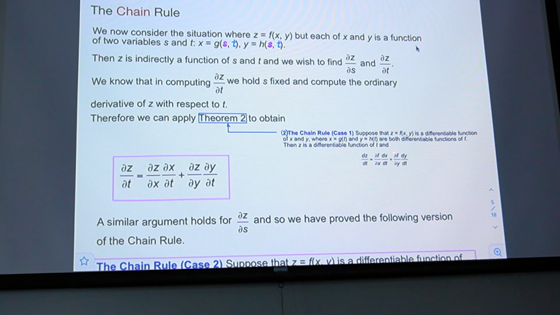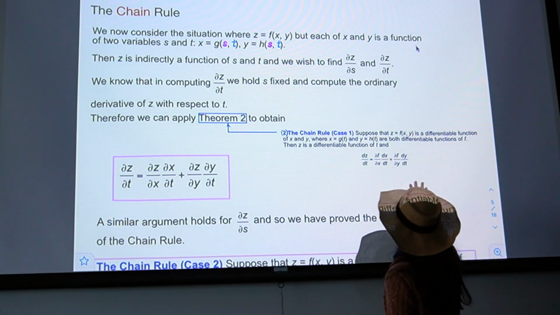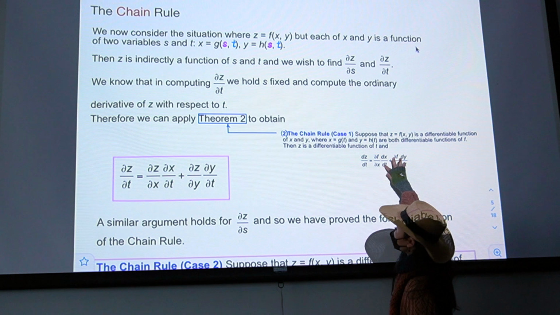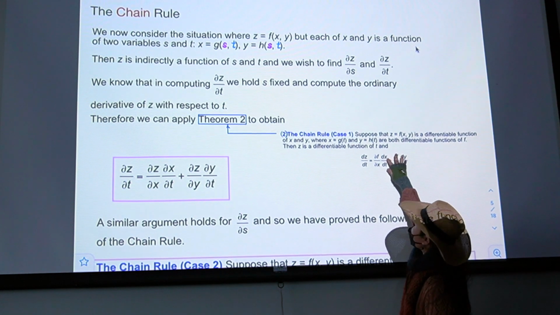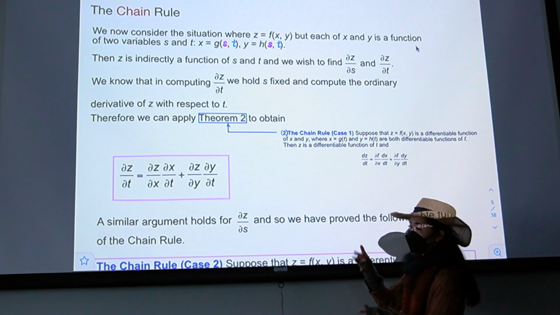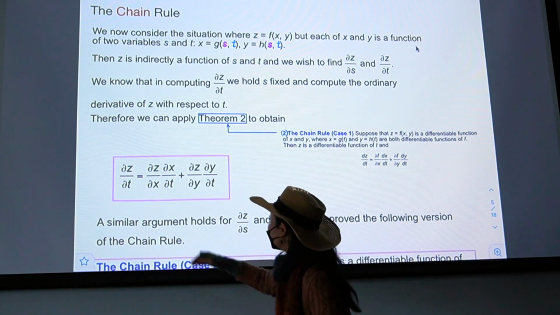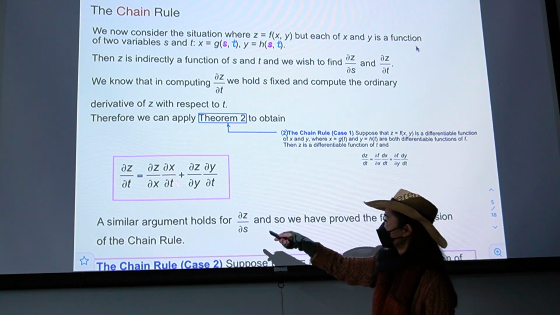So using case 1, we get partial z, partial t is partial z, partial x, remember case 1, right, times dx dt. But now, instead of dx dt, because we have two different variables s and t, that becomes partial x, partial t.